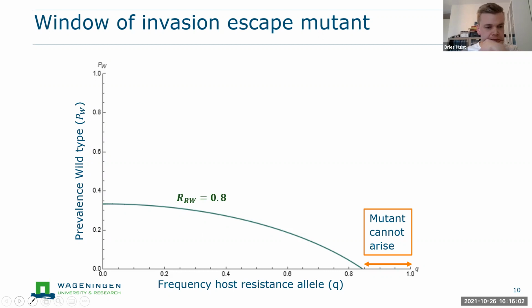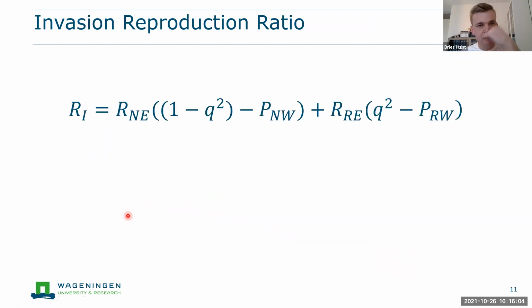So that's one limit. And the other one is a bit more difficult. You can imagine that this escape mutant spreads better in resistant than in non-resistant hosts, but it also competes with the wild type because that's already present. Because it spreads better in resistant hosts, it probably needs some degree of host resistance before it can invade.